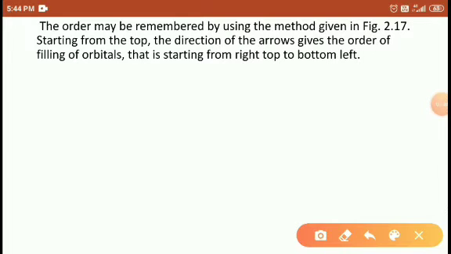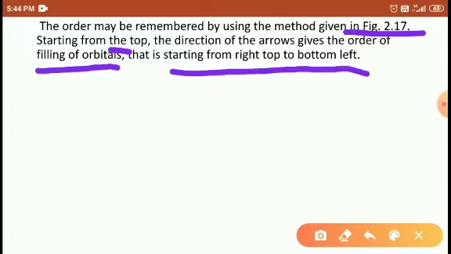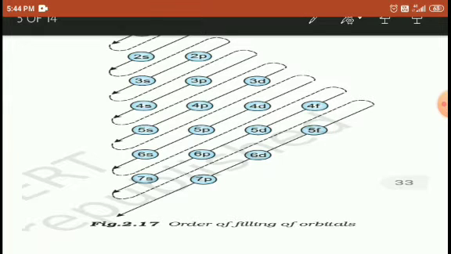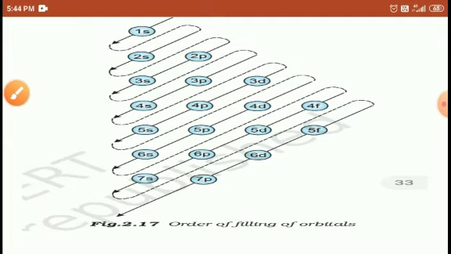The order may be remembered using the method in the figure, 2.17. Starting from the top, the arrows show the direction and the order of filling of orbitals, going from top to bottom left. Look here, this is the structure, students.